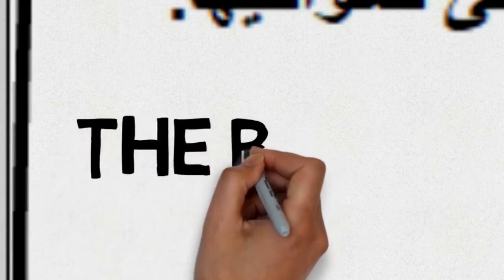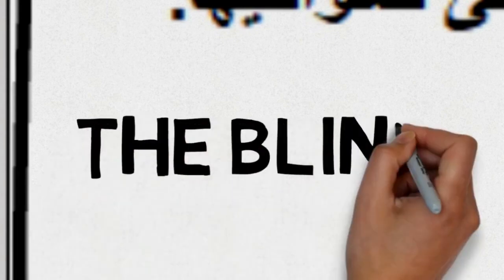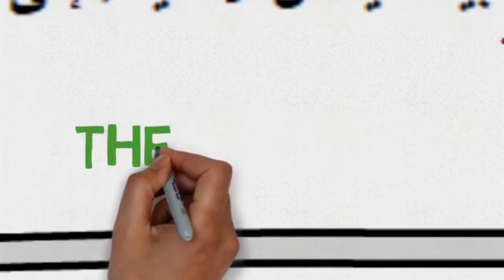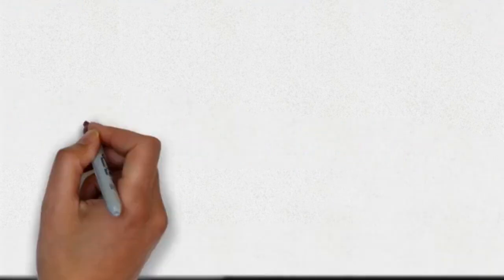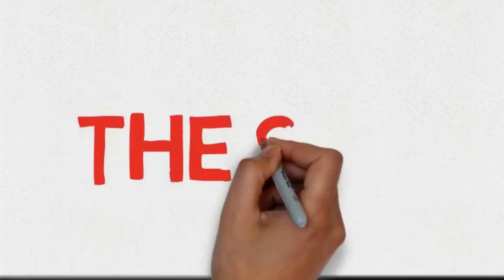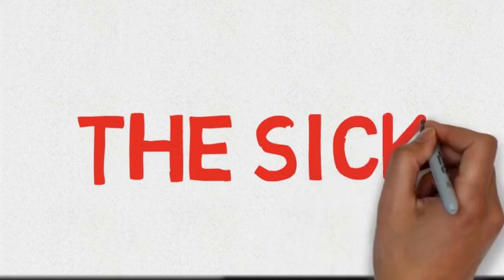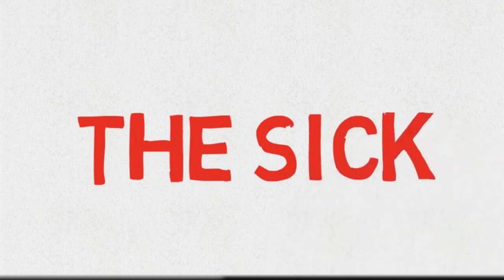We can find a list of adjectives which are commonly used collectively in grammar books, like the blind, العميان, the innocent, الأبرياء. So we don't say the blind, الأعمى, or the innocent, البريء.